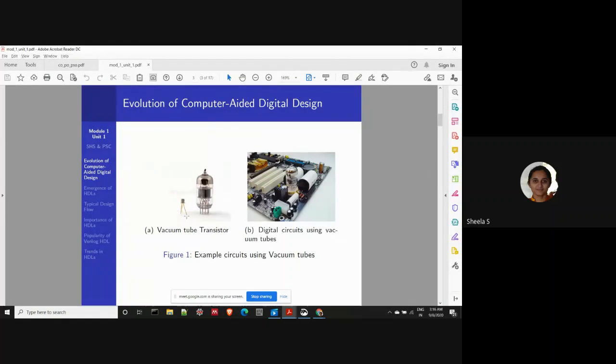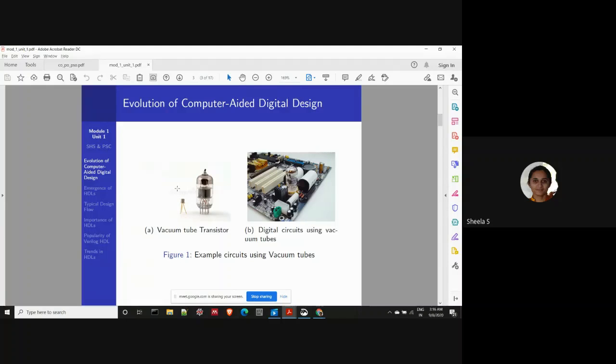So such 10 transistors and the corresponding interconnection and also the corresponding load we have to place, because if we do not place any load resistance then there will be a short circuit. So all these things we have to do to get one half adder operation.